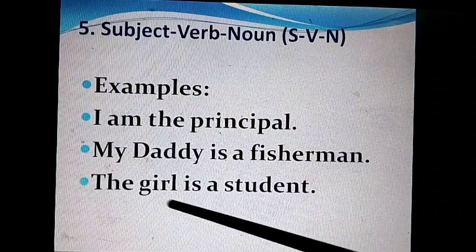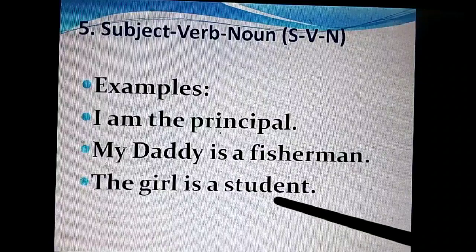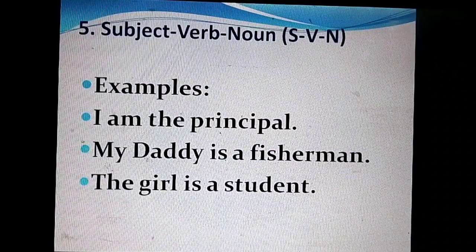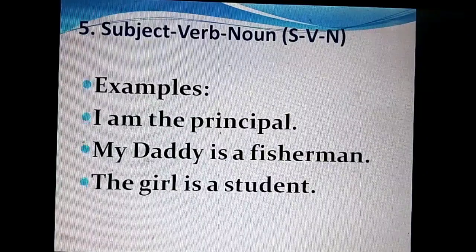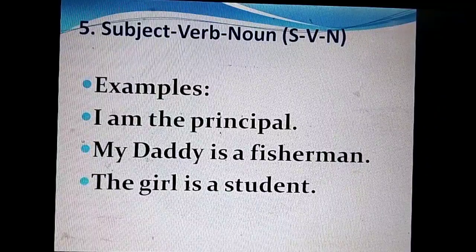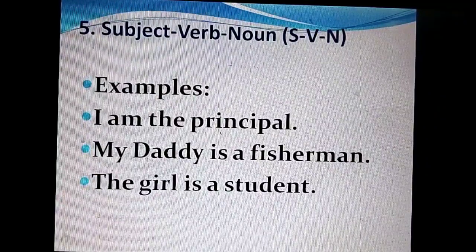Yes, subject, is, verb, a student, noun. Okay, so now you are understanding, you have already understood these 5 basic structures of subject, verb and noun, or different word orders.